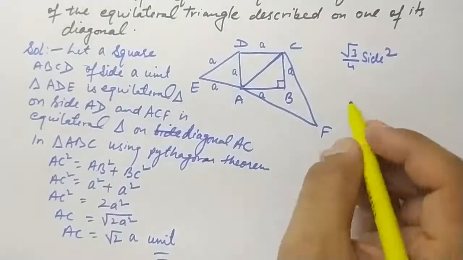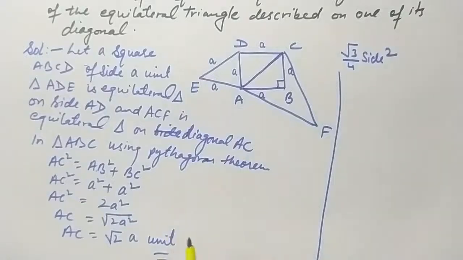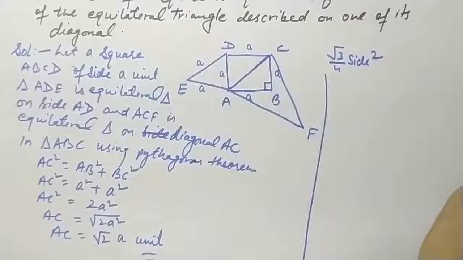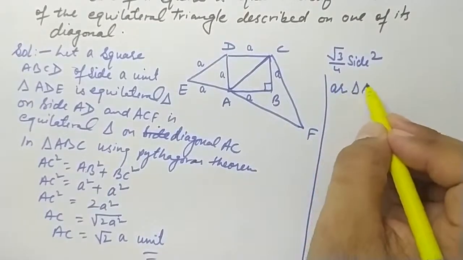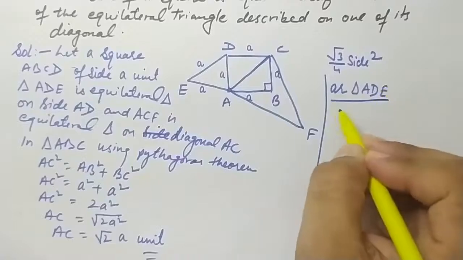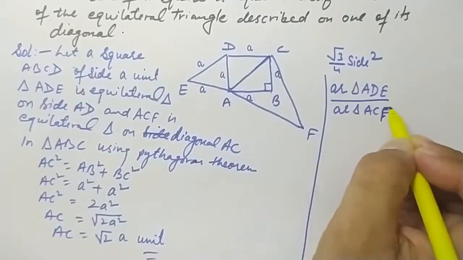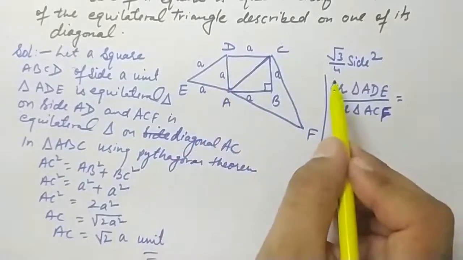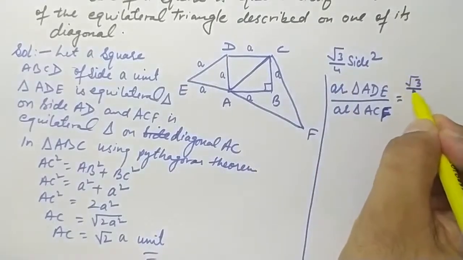Now we'll start finding the ratio of their areas. We'll write first of all area of triangle ADE and area of triangle ACF. In these two triangles we'll find the ratio of areas. We know the formula of area of an equilateral triangle, that is root 3 by 4 side square.